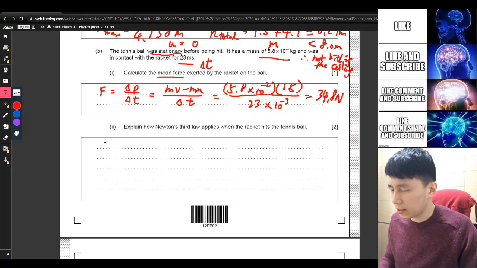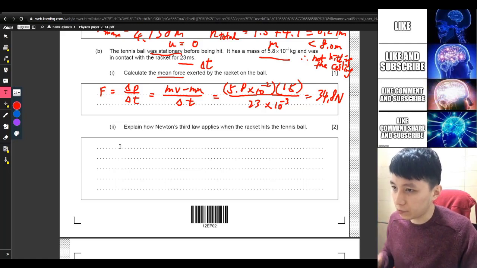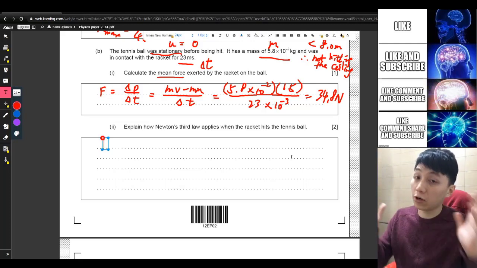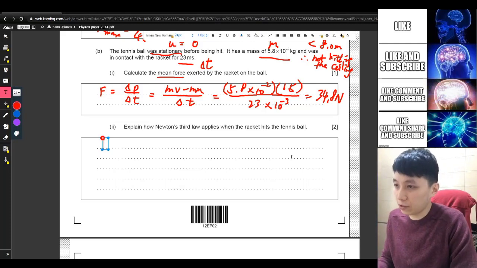The next part asks you to explain how Newton's third law applies when the racket hits the tennis ball. First of all you need to recall the definition of the third law.